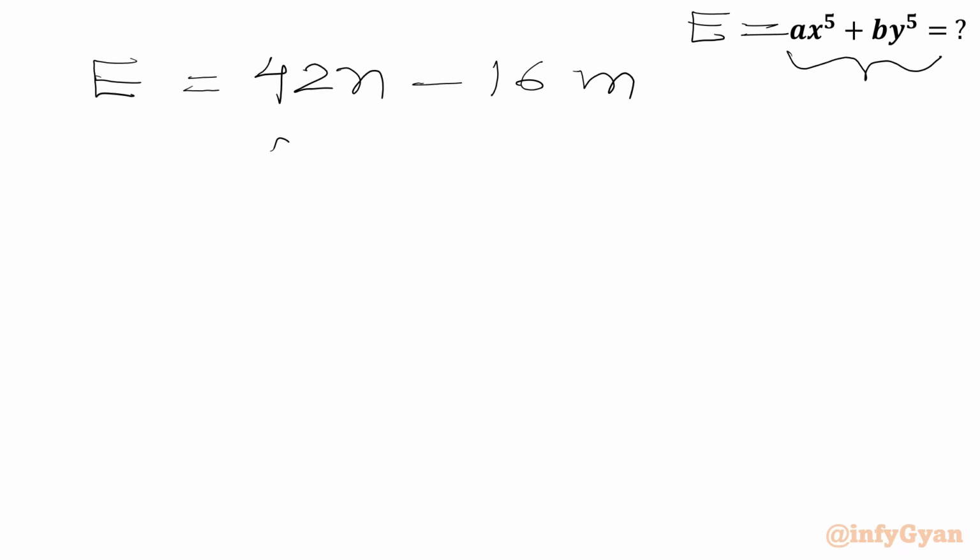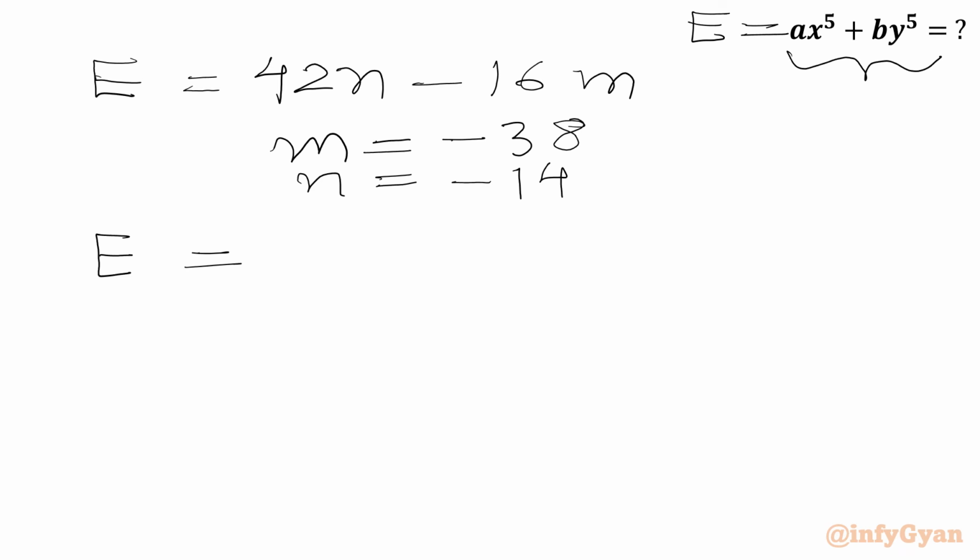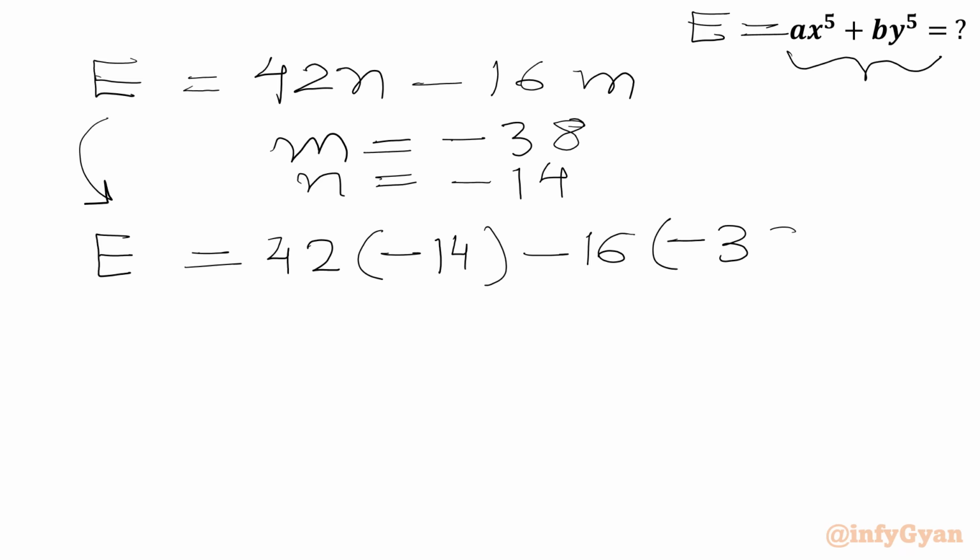Now the value of m was minus 38. Value of n was minus 14. So I can write here E will be equal to 42 times minus 14 minus 16 times minus 38. So 42 times minus 14 will be equal to minus 588.